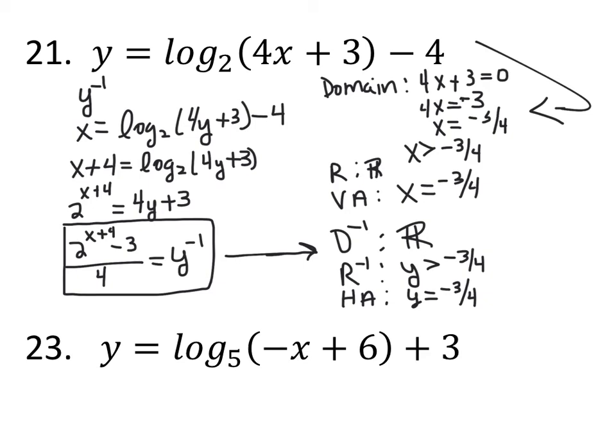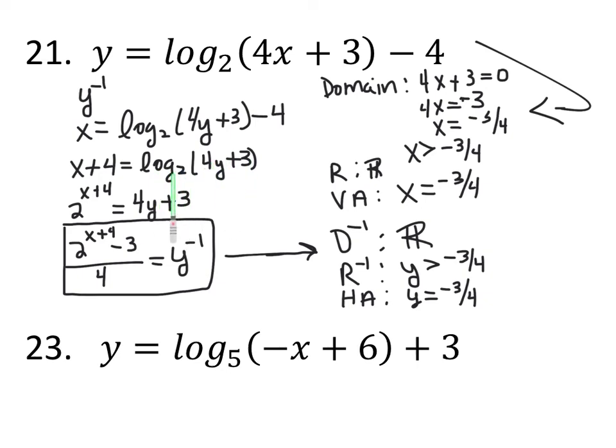First of all, I'm taking my original equation, which is a log, and I am finding its inverse. So I'm looking for the inverse of this equation right here. The first thing I'm going to do is switch my x and y, and then solve for y. I add 4 to both sides, I get x plus 4, and now I have this log base 2 of something.